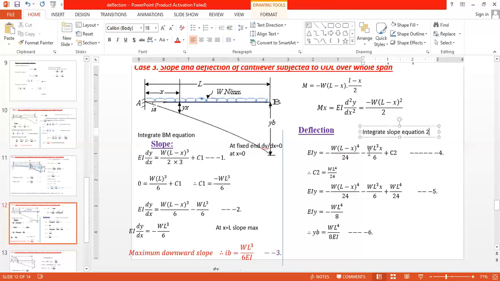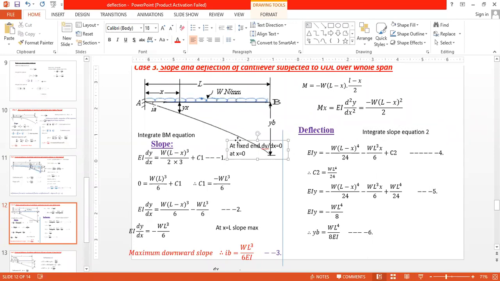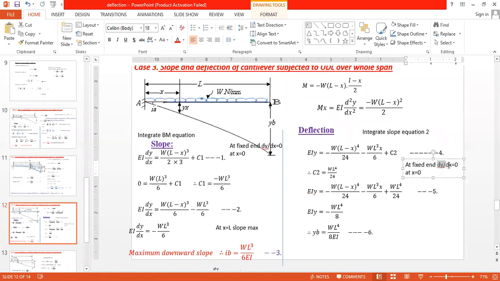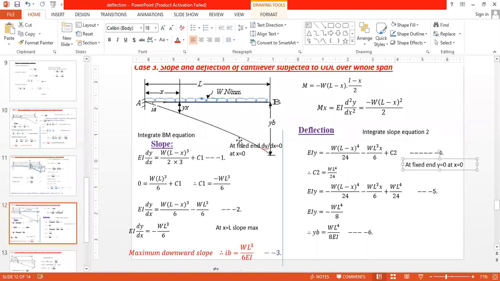Before going to the exact deflection equation, we have to calculate the constant of integration. For the constant of integration, what we have to do is use this condition: at the fixed end there is again no deflection, or y is equal to 0 at x is equal to 0. That means at A you have y is equal to 0.